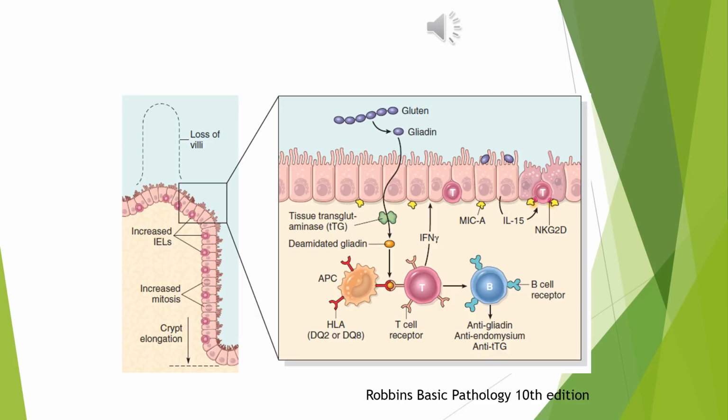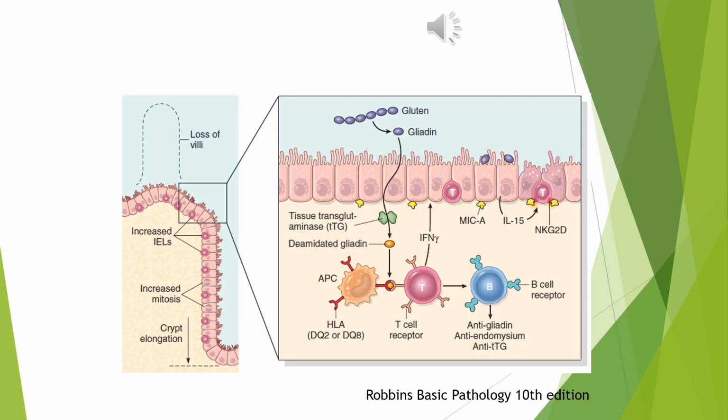What happens is that this gliadin enters through the epithelium to the lamina propria, and there it undergoes what is called deamidation, by the action of tissue transglutaminase enzyme. This deamidated gliadin later on reacts with HLA-DQ2 and DQ8 on the surface of antigen-presenting cells.